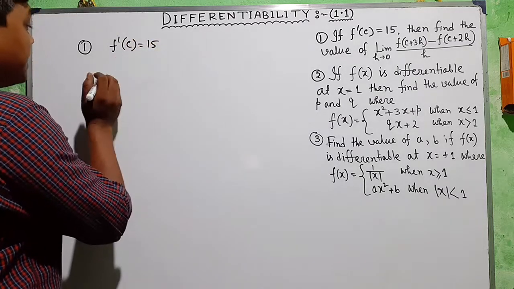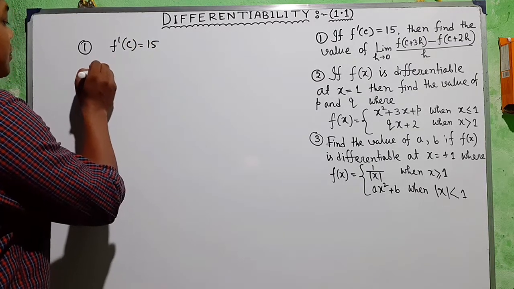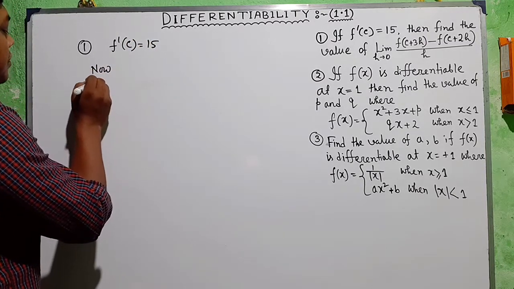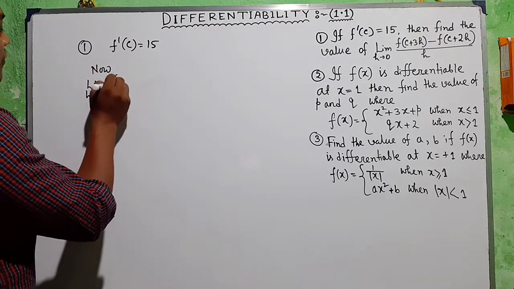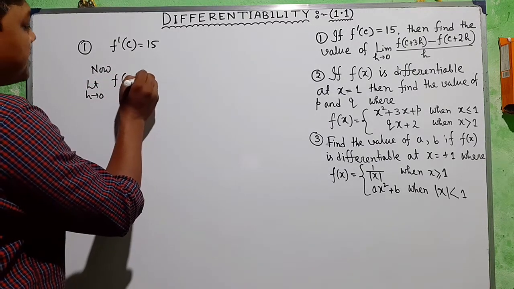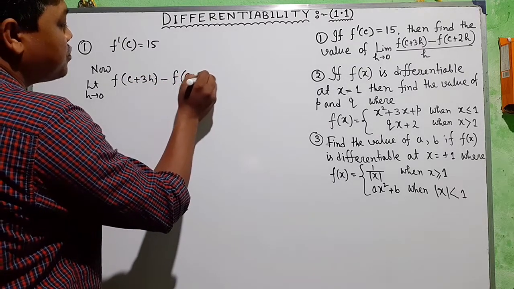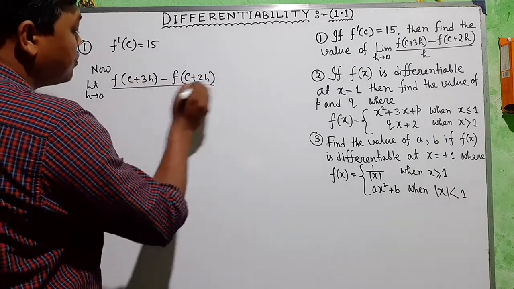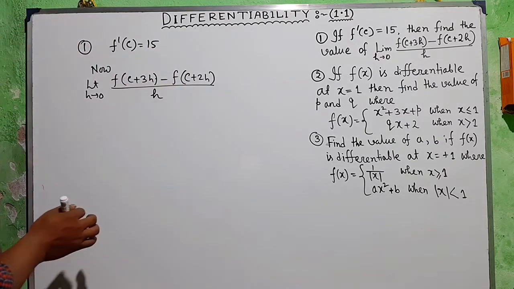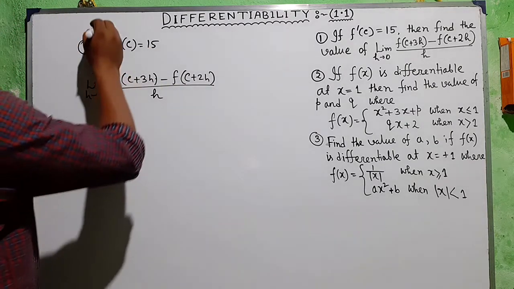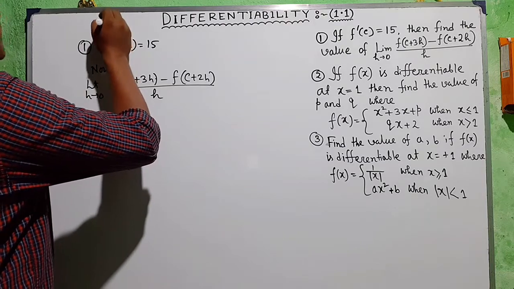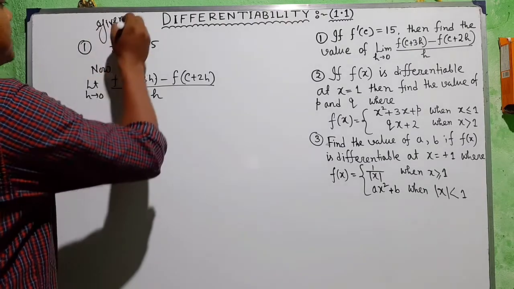And we know the definition of f dash c. Now, we have to calculate limit h tends to 0 of f of c plus 3h minus f of c plus 2h by h. By the given information, f dash c equals 15.